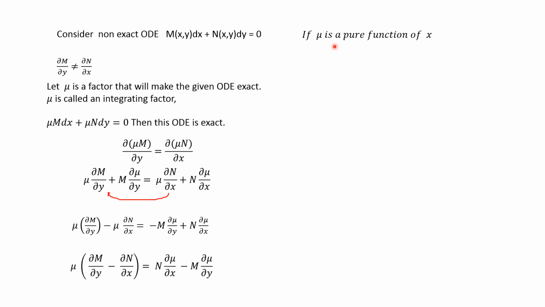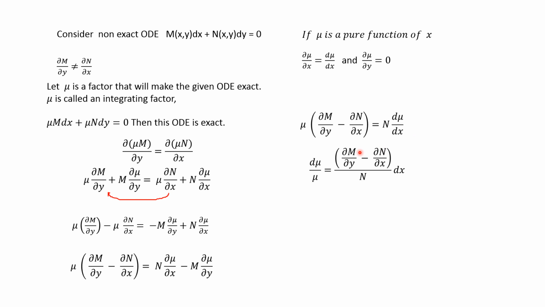If mu is a pure function of x, then the partial derivative of mu with respect to x becomes a total derivative already, d mu/dx, and the partial derivative of mu with respect to y is equal to 0. Then we plug it into this equation. We have mu times (the partial derivative of M with respect to y minus the partial derivative of N with respect to x) equal to N d mu/dx.